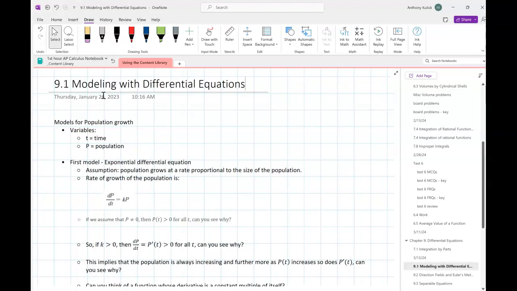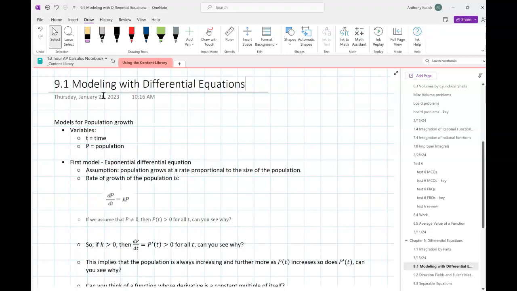So what we do is we start with a differential equation. We say that we're going to start with the assumption that population grows at a rate that's proportional to the population. So if you have more people, the population should be growing faster than if you have just a couple of people, which seems probably right intuitively.